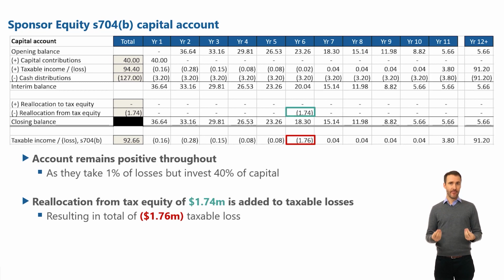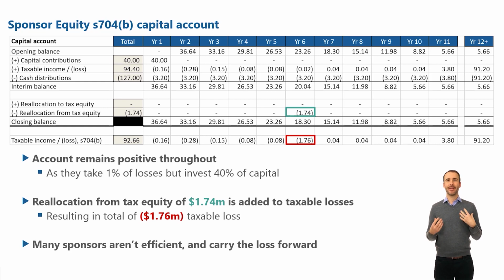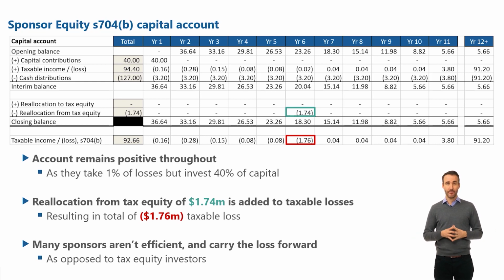This is of benefit to the sponsor, but assuming they're an inefficient taxpayer, it will add the 1.76 million to its tax loss carryforwards and get the benefit in later years, not in this year. In contrast, a tax equity investor typically has taxable income from other operations that allow it to use all of the losses and tax credits allocated to it in the current year.